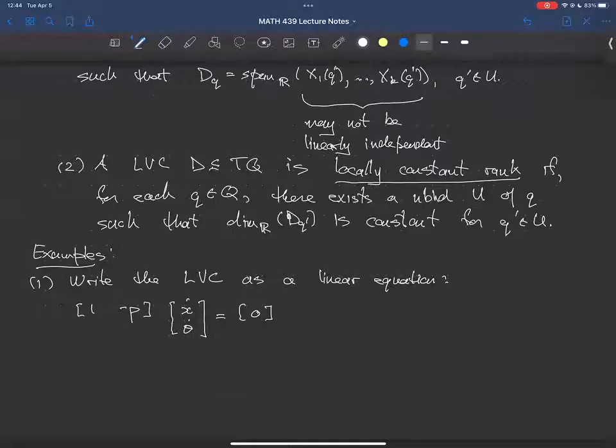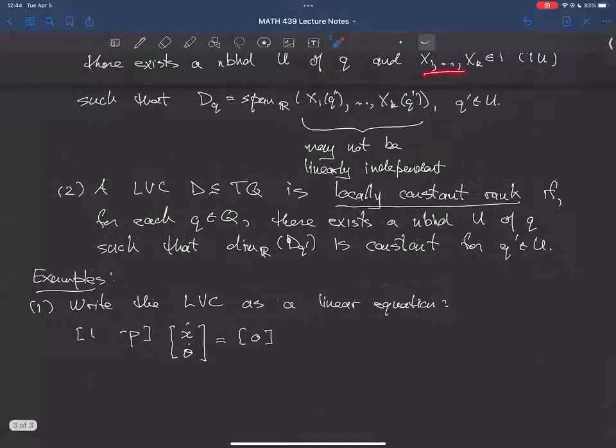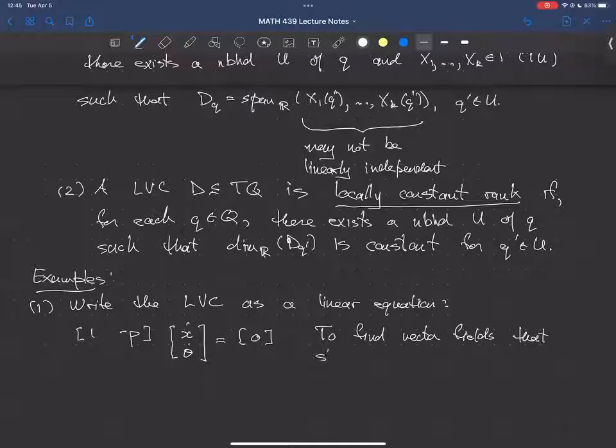All right, and so what we're going to do is find vector fields like this that span D. To find vector fields that span D, basically you take that linear equation and you find a basis for the set of solutions.